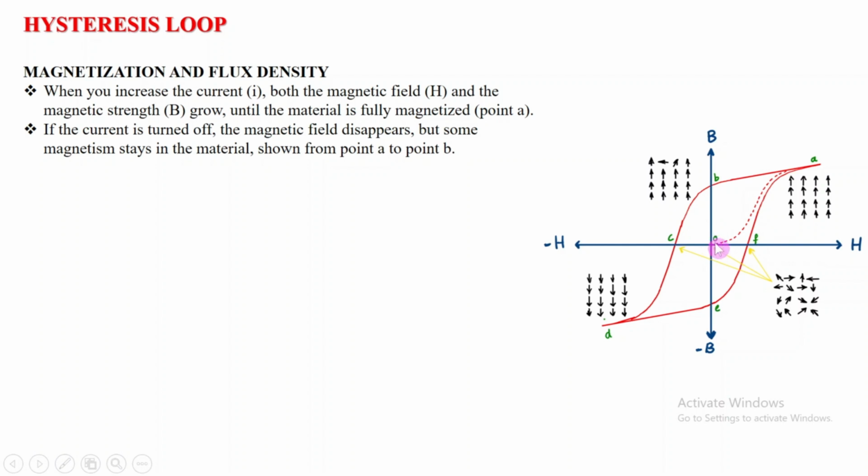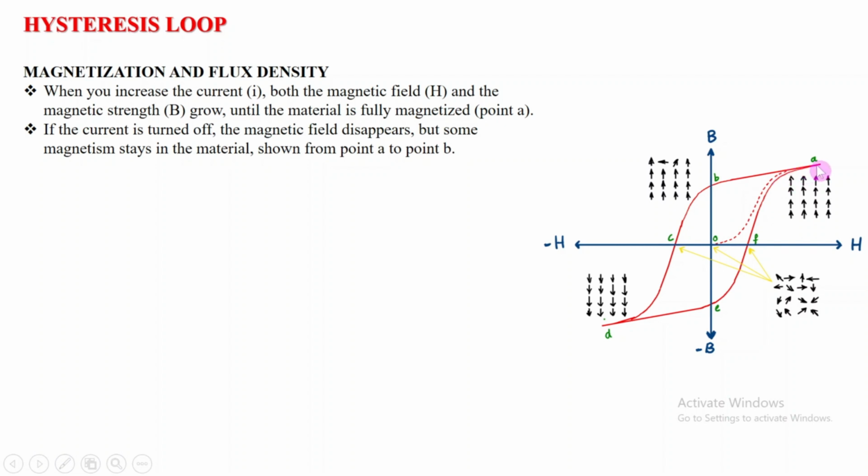So if we start from zero, in the x-axis we have H, the external magnetic field, and in the y-axis we have B, the internal magnetic field of the material. If we increase the external magnetic field by varying the current in the coil, the internal magnetic field will also increase.